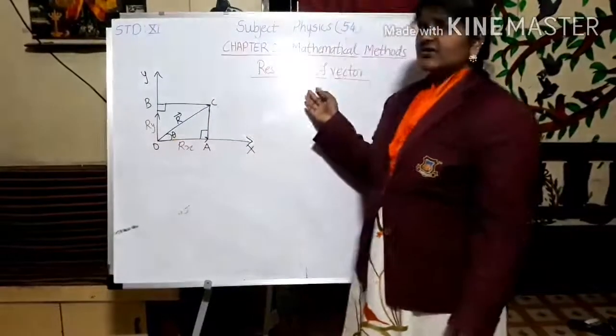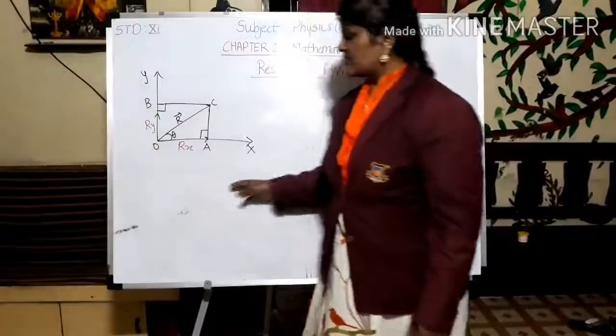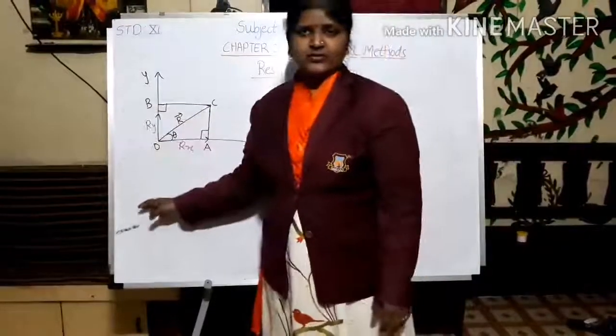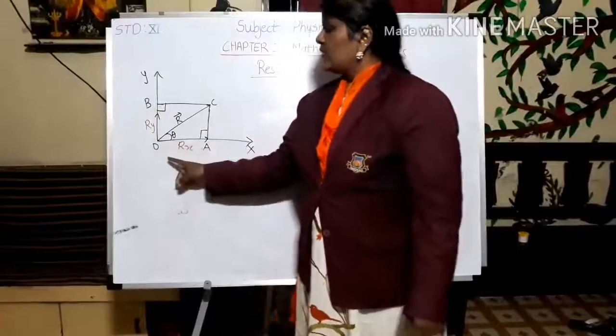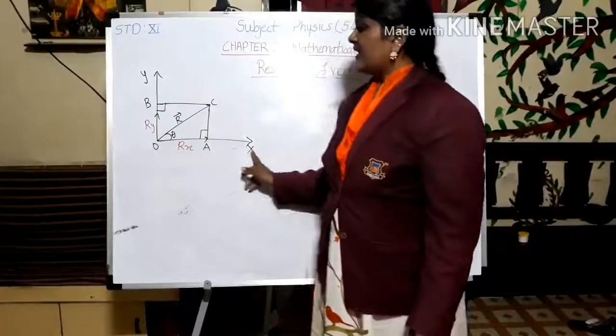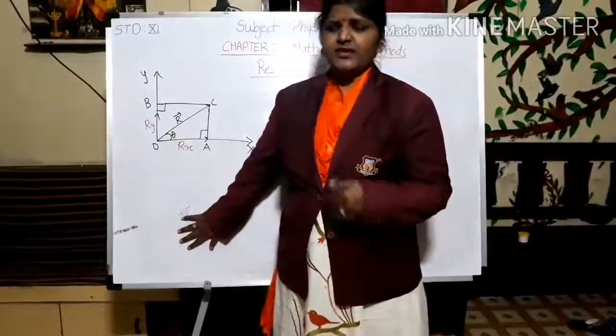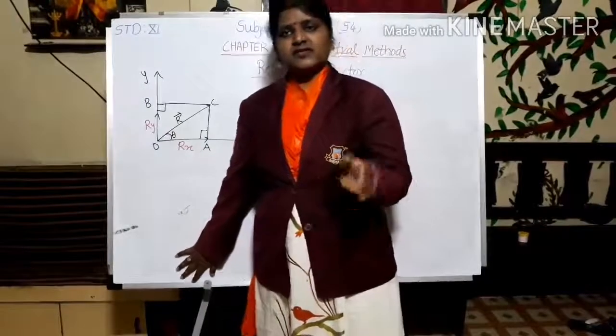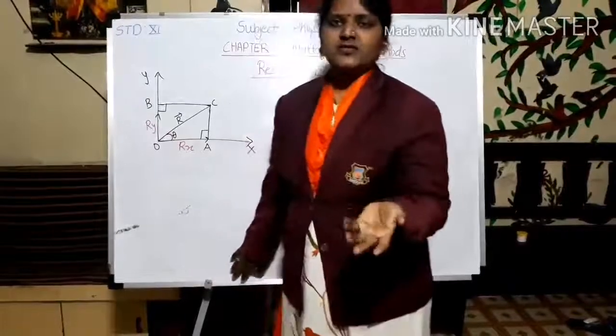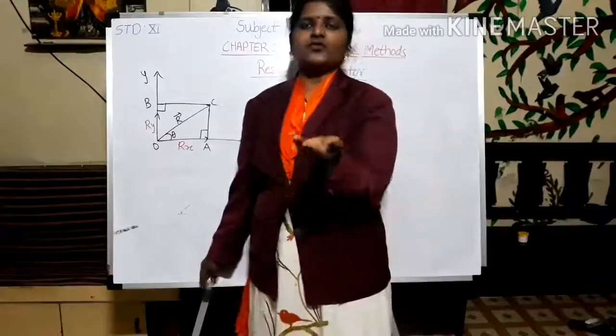To move forward with this concept, we have to see the diagram first. I have already drawn the diagram on the board. You can see two axes are given, x and y. We are going to consider only two axes here; we can include the third axis afterwards. First we will see the simpler case, then move on to the complication.